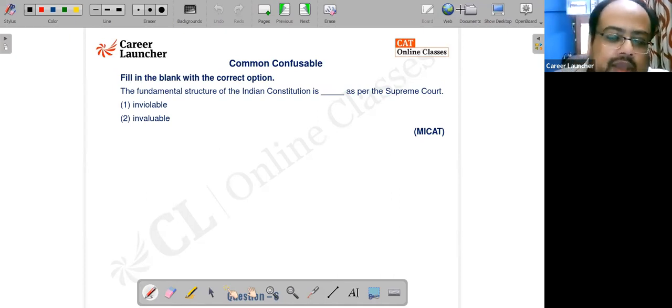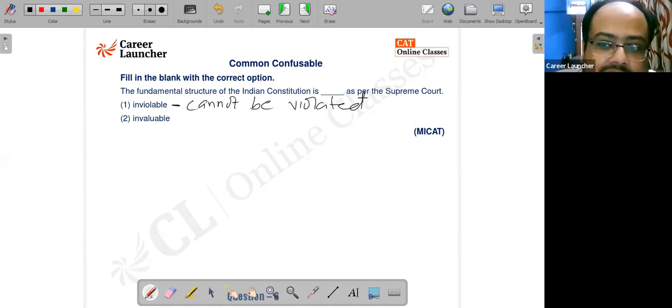Question 6 has two options, inviolable and invaluable. Let's see what the definitions of these two are.